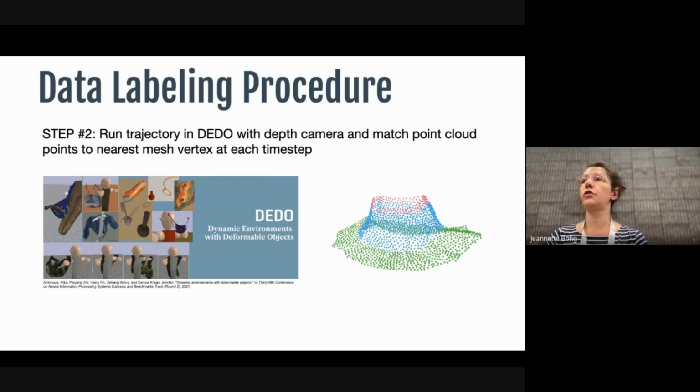We find the nearest mesh vertex to each point cloud point per time step. And we get the labeled point cloud that you see there on the right. This point cloud is shown in this canonical non-deformed state, right? So in the database, of course, there are much more crazy deformations of the skirt, but this is how it looks completely unfolded.